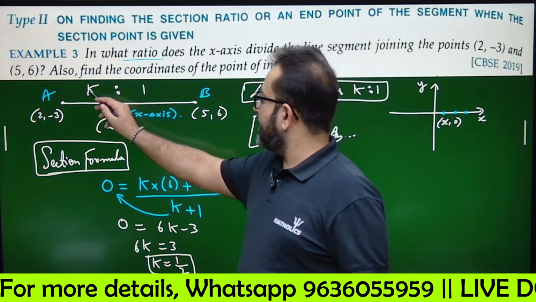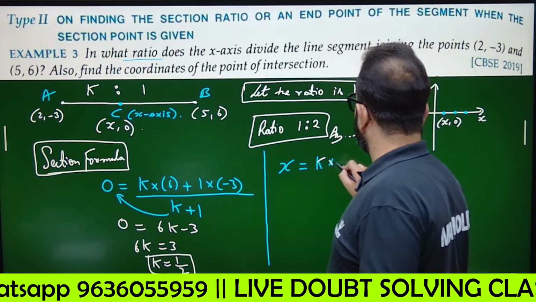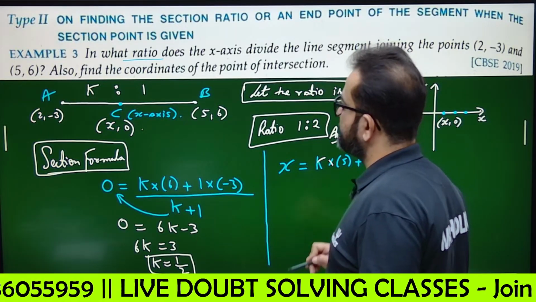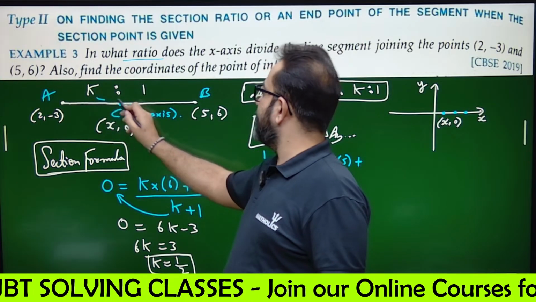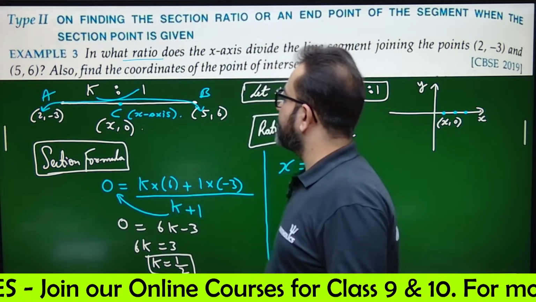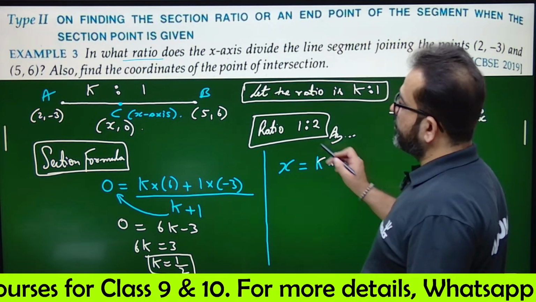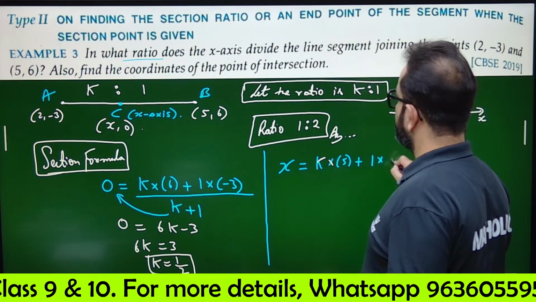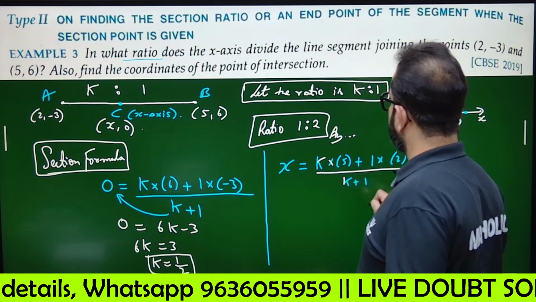I'll write k into 5 plus 1 into 2, multiplying k by this x coordinate and 1 by this x coordinate, whole upon k plus 1. Yes or no? So k into 5 plus 1 into 2, and whole upon k plus 1.